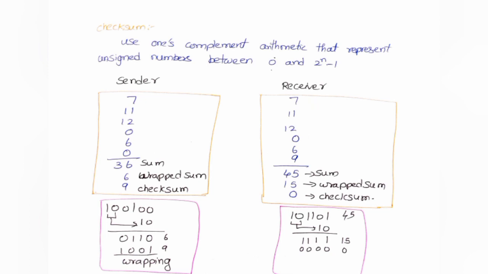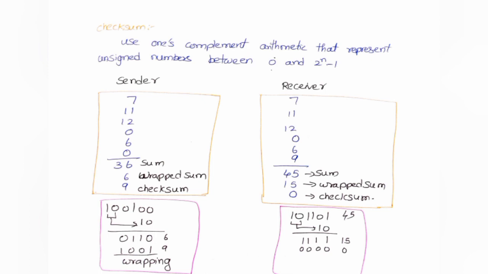Now we get the sum as 45. If you apply the wrapping and find the checksum, the result must be 0. If the result is 0, then the transferred data is error free. Suppose the checksum is not 0, then it has certain errors in the delivered message.